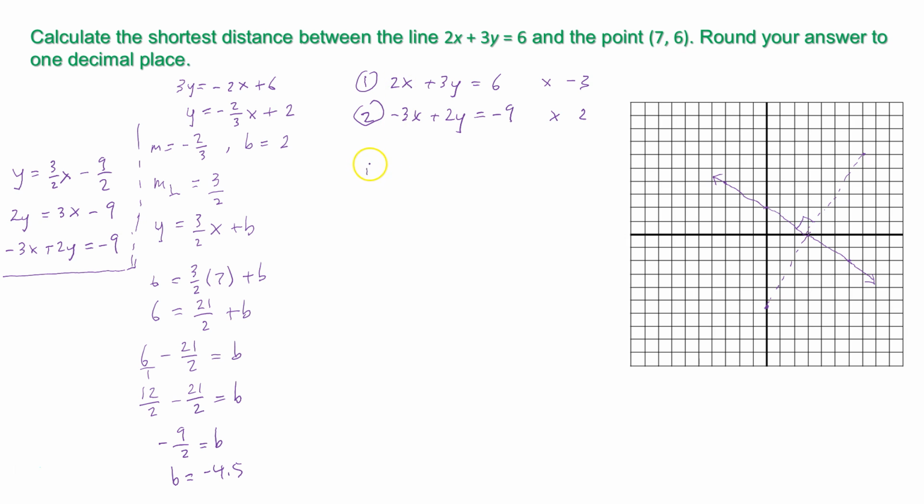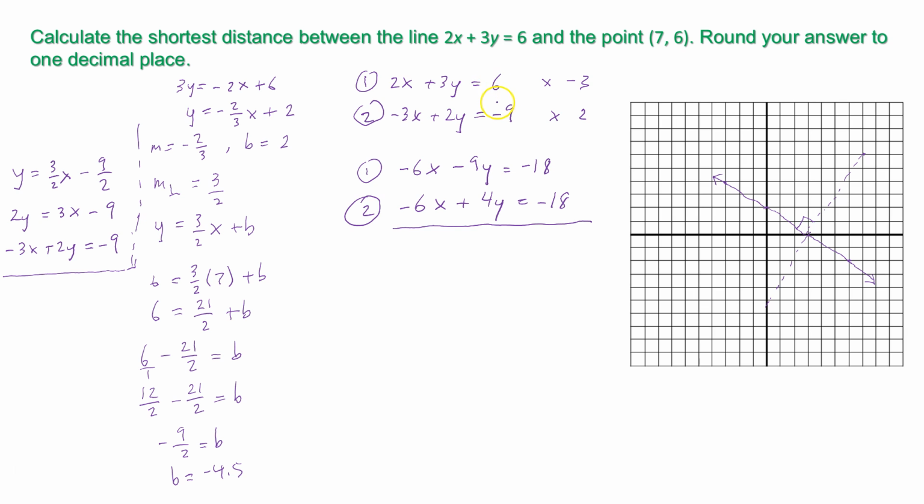So the first equation is going to become negative 6x minus 9y is equal to negative 18. And the second equation is going to become negative 6x plus 4y is equal to negative 18. Yes, negative 18.